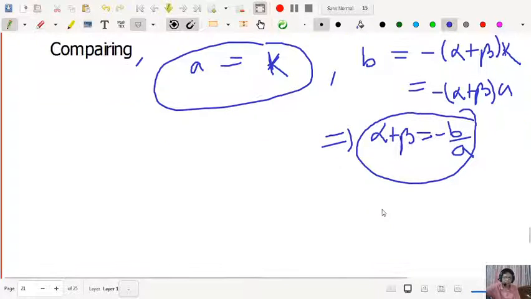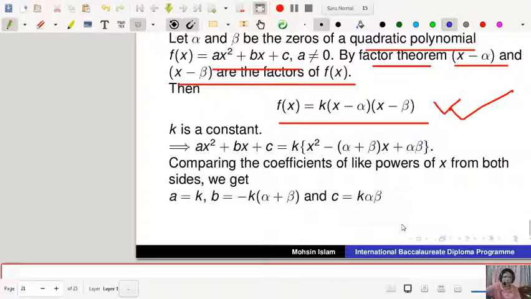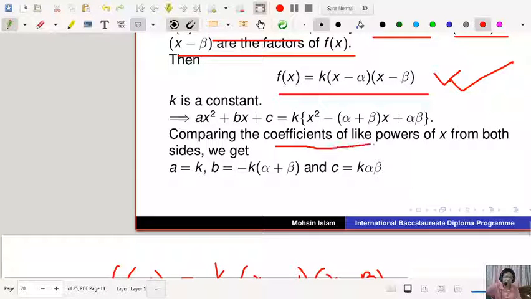The sum of the zeros equals minus b by a, right? Comparing the coefficients of like powers of x from both sides, we get a equal to k, b equal to minus k into alpha plus beta, c equal to k into alpha beta.